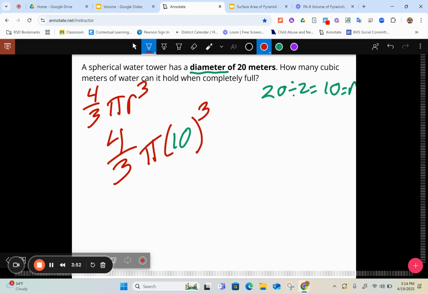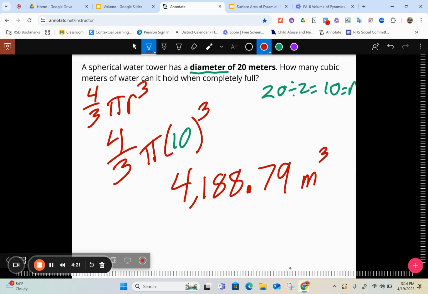So 4/3 pi times 10 to the third power. That will hold 4,188.79 cubic meters.